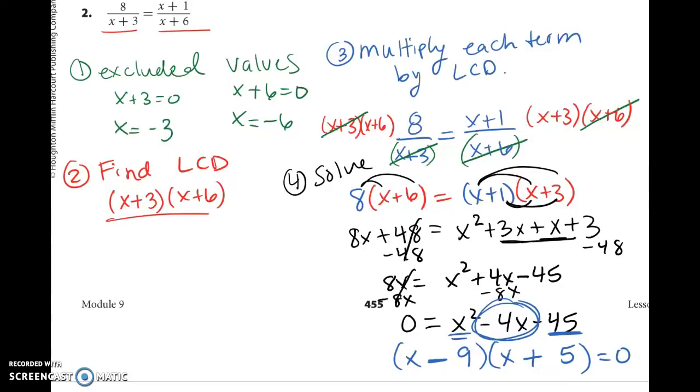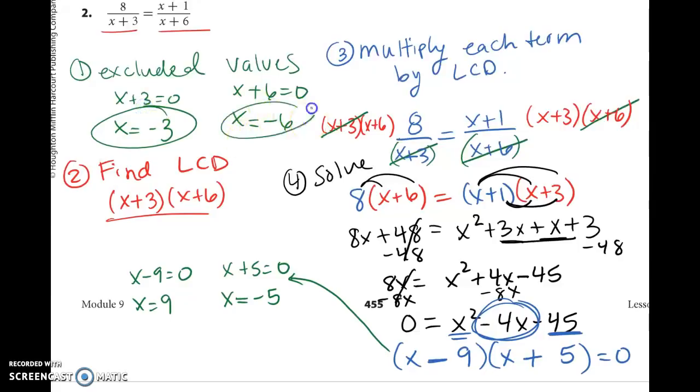And now I set each of these equal to 0. So I get x minus 9 equals 0, which gives me x equals 9. And I get x plus 5 equals 0, so x equals -5. Now, neither of these, remember, were excluded values up here, so my solution is both of these.